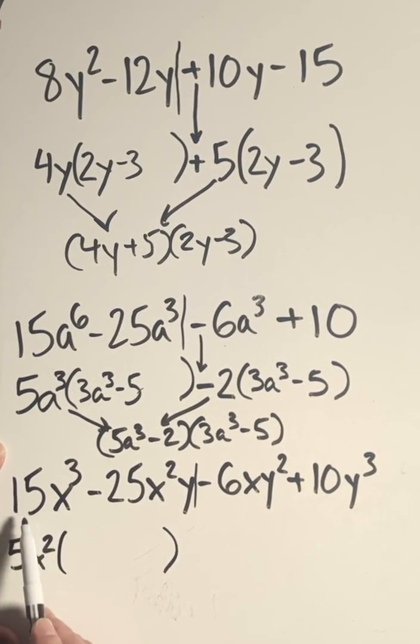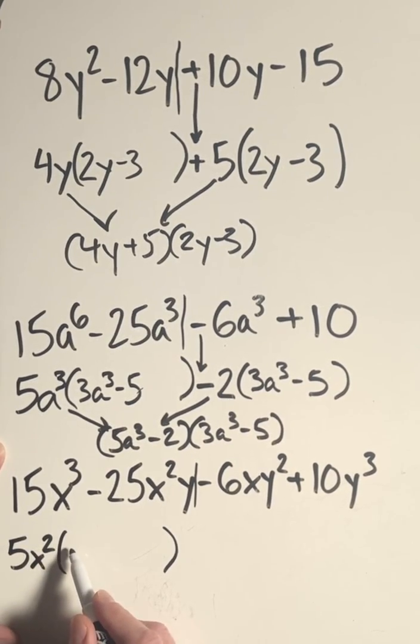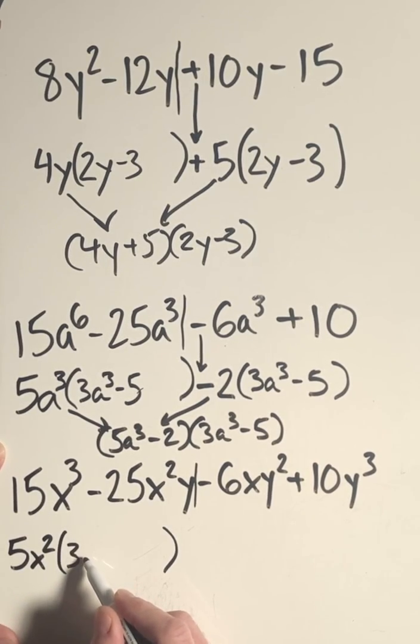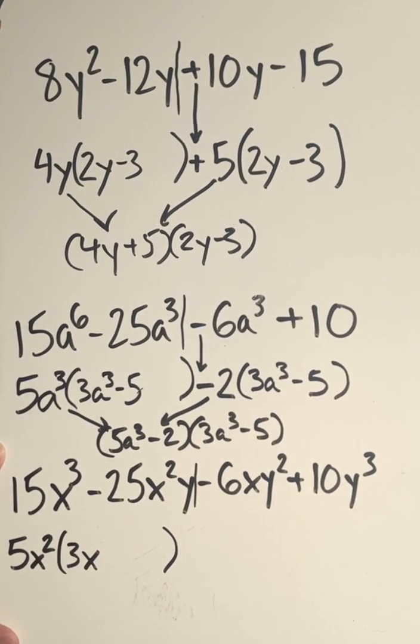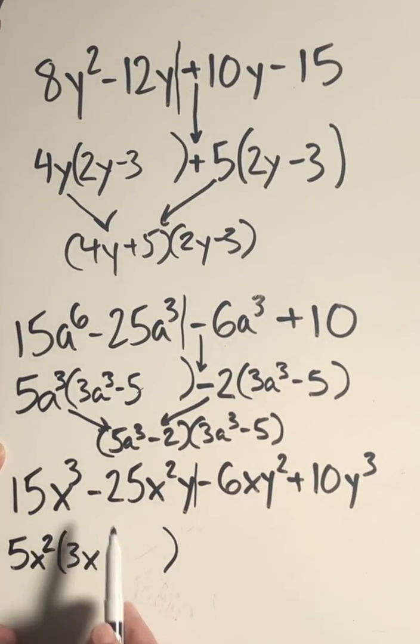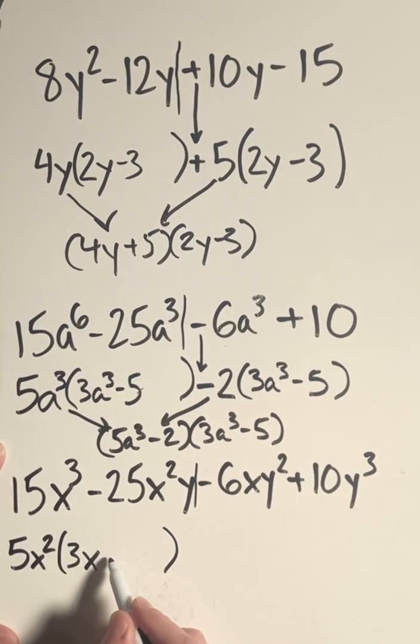Now I'm going to divide each of these terms by the greatest common factor. 15 divided by 5 is 3. X to the third divided by x squared is x to the first. Again, x to the 3 minus 2, or x to the first. Negative 25 divided by 5 is negative 5.